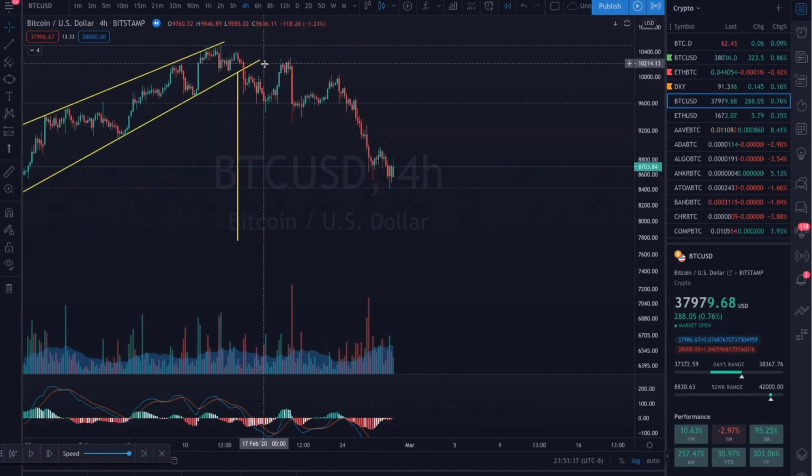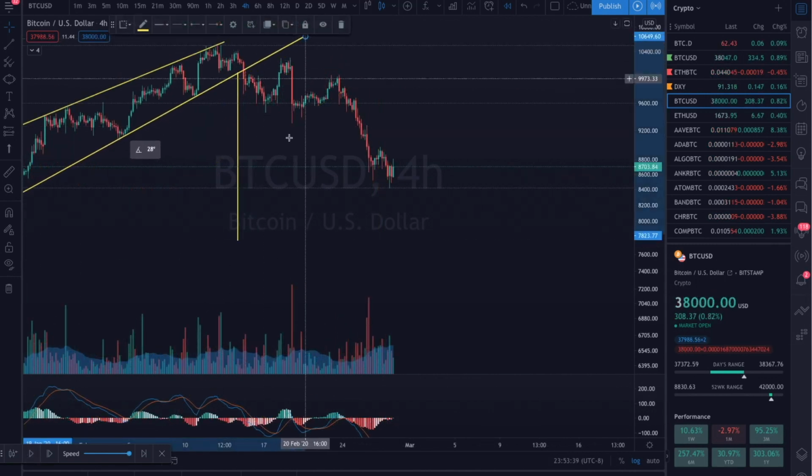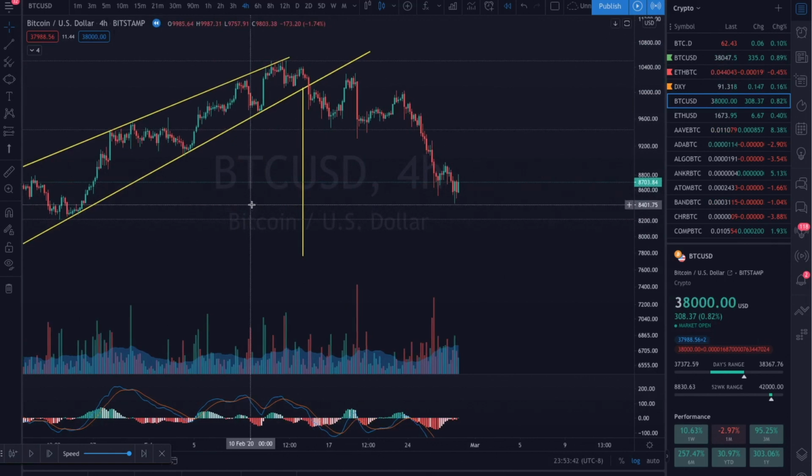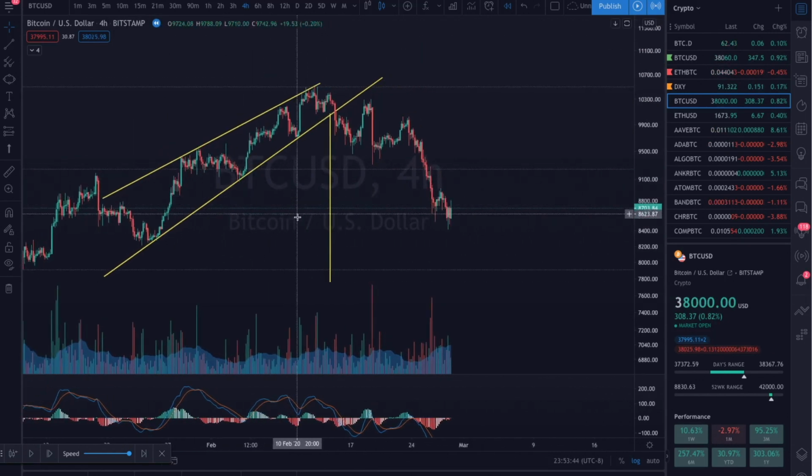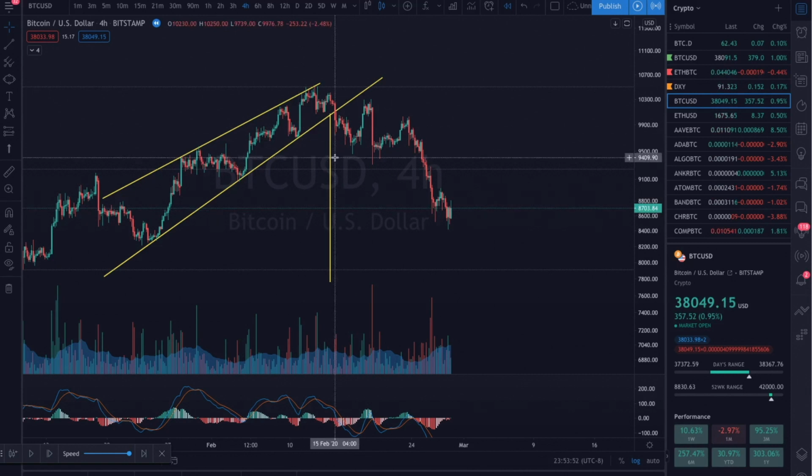Okay, so one thing to note here, I definitely want to show you guys. One thing you will get after a bearish reversal breakout. When you get a bearish breakout of a rising wedge, and you will get the same thing with head and shoulders as well, you will typically get what's called a bearish confirmation.